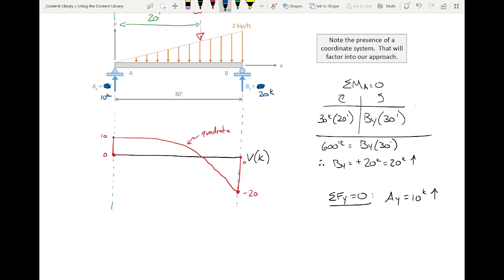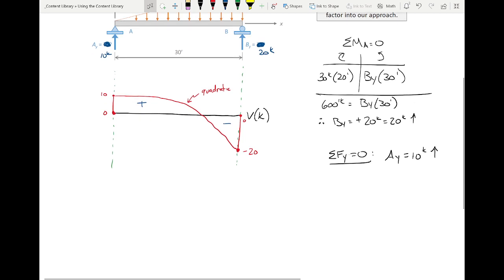Okay, and then what's going to happen is I've got to integrate this, integrate that. Those two areas have to match. And then I have to draw the moment diagram. And the moment diagram's got to start at 0.